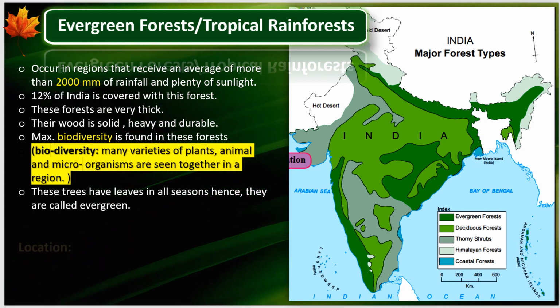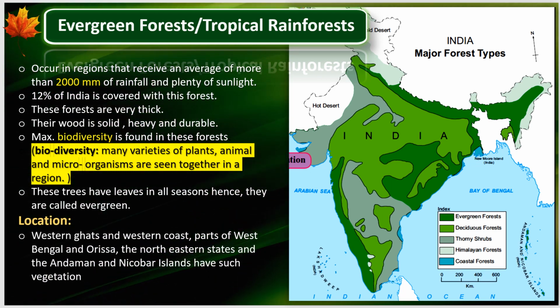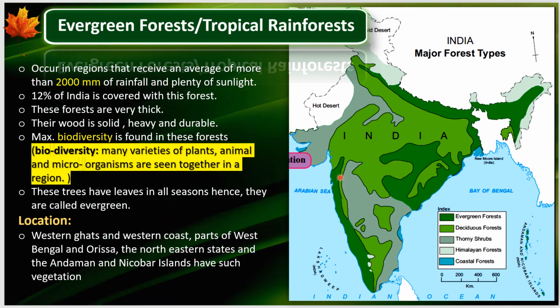Now, where do we find them? If we observe this map, we'll see that these types of forests are found in the western coast and the western Ghats. Then they are found in some parts of West Bengal and Orissa.